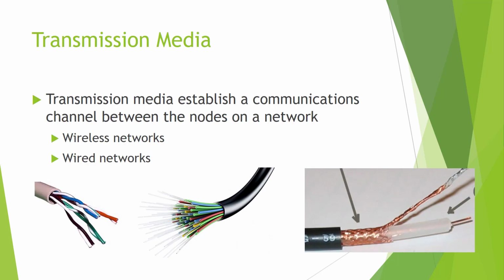Now, when it comes to transmission media, all right, we've already talked about how we have wireless or wired, and wireless being 2.4 gigahertz or 5 gigahertz. However, when it comes to wired networks, the one that we use the most is called twisted pair, which is what Ethernet cable is. And there are different variations of Ethernet cable. You have Cat 5, 5E, 6, 6E.